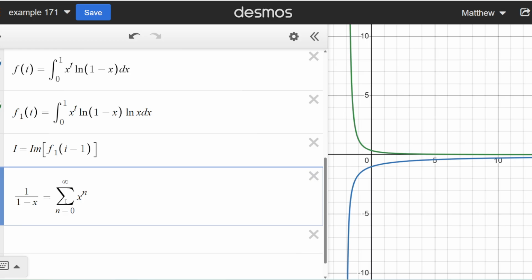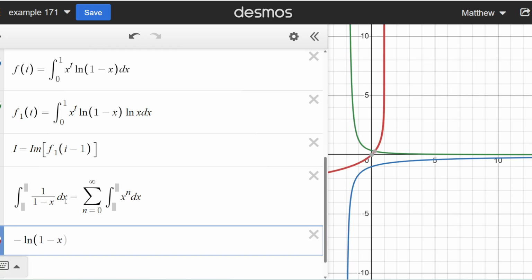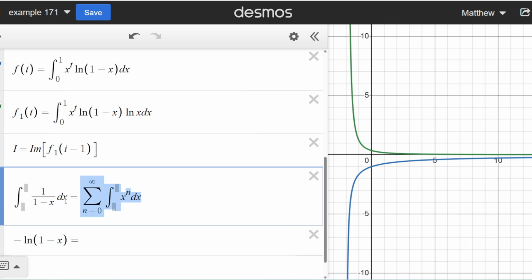Well, actually, it doesn't converge at 1, but we can get around that by taking a limit. All right, so we know this. So that means that if we take the antiderivative with respect to x on both sides, we can just bring this integral inside here. All right, so taking the antiderivative of 1 over 1 minus x, we get negative natural log of 1 minus x being equal to this.